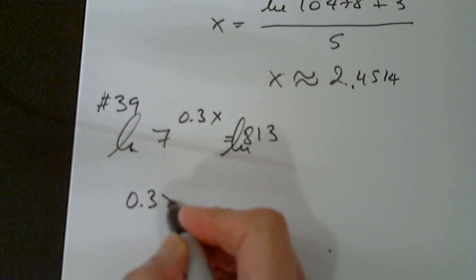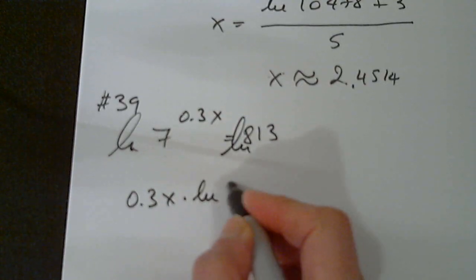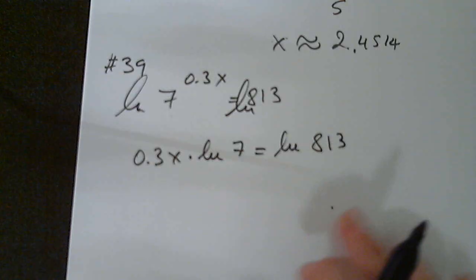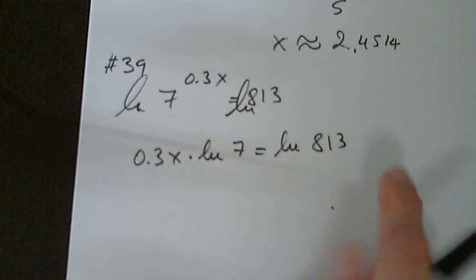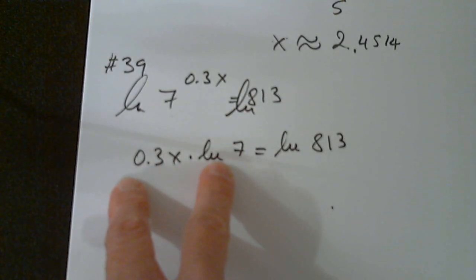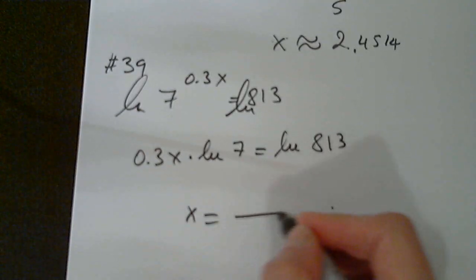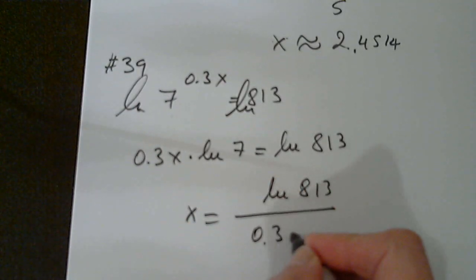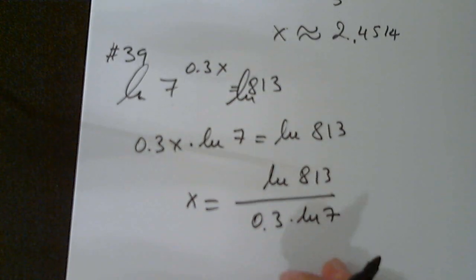0.3x multiplied by natural log 7 equals natural log 813. I have to divide both sides by this product. So then x equals natural log 813 divided by 0.3 times natural log 7.